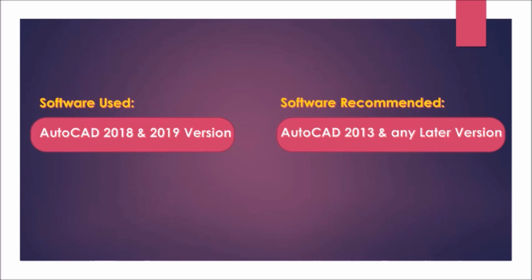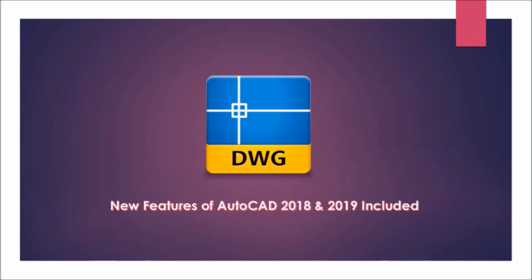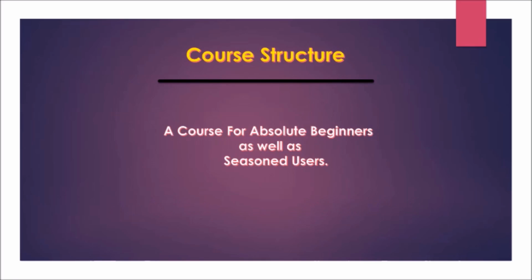There are, however, some new features added in the AutoCAD 2019 version, which I have included in a separate module, and you can see all the updated and new features of the AutoCAD 2019 version in that module at the end of the course. This course assumes that you know nothing about AutoCAD and teaches everything right from scratch.